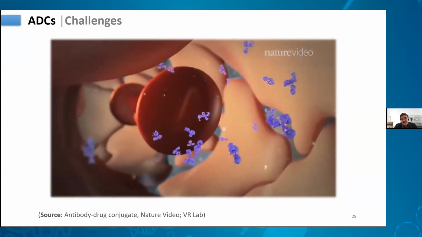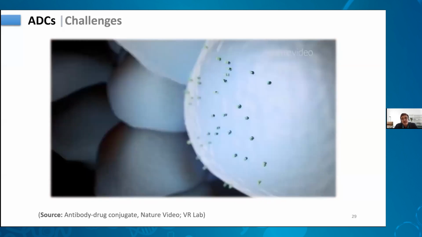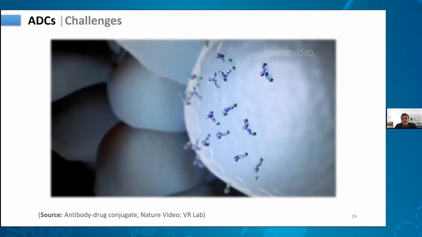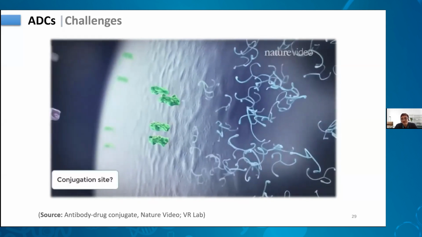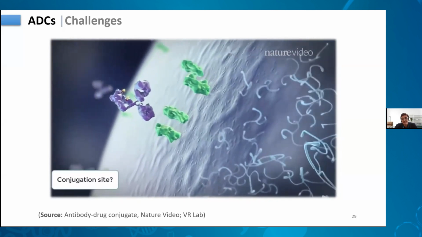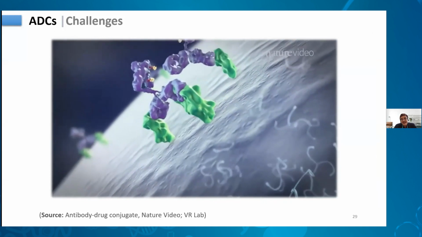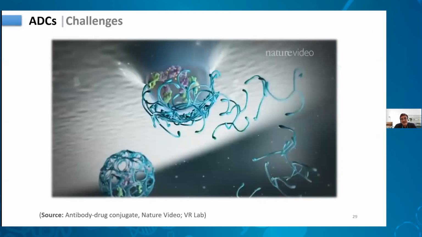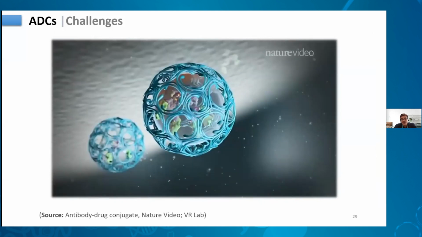Now, eventually the ADC will reach tumor cells. And once they bind to the antigen, or might not bind, that's the step where they might or might not kill the tumor cells. So this is where the control over the conjugation site becomes critical to ensure that the ADC-antigen complex does get internalized systematically without deviating too much from the actual pathways.